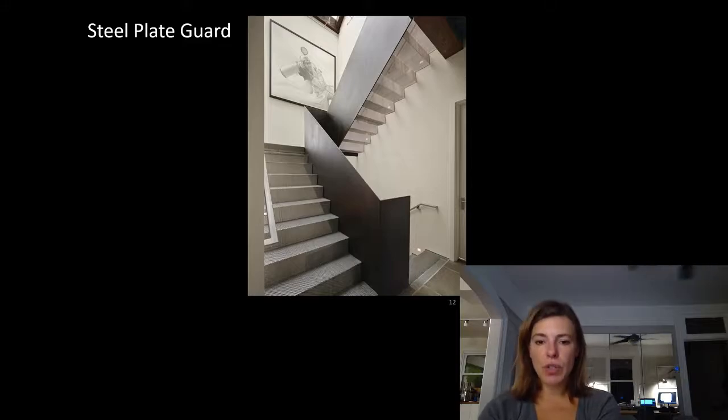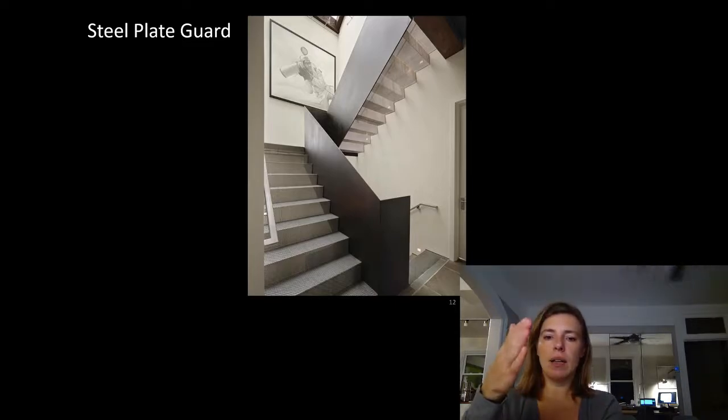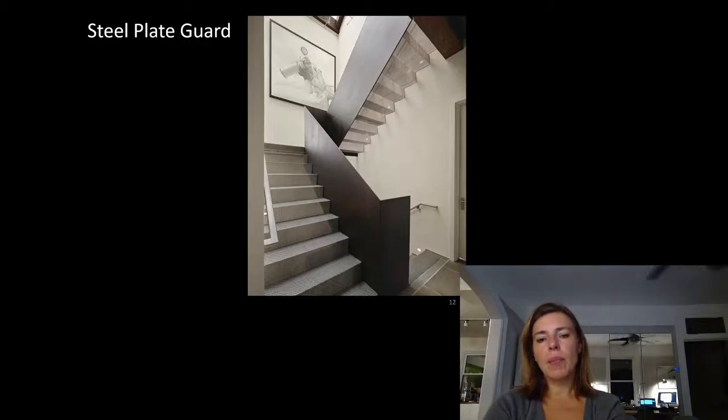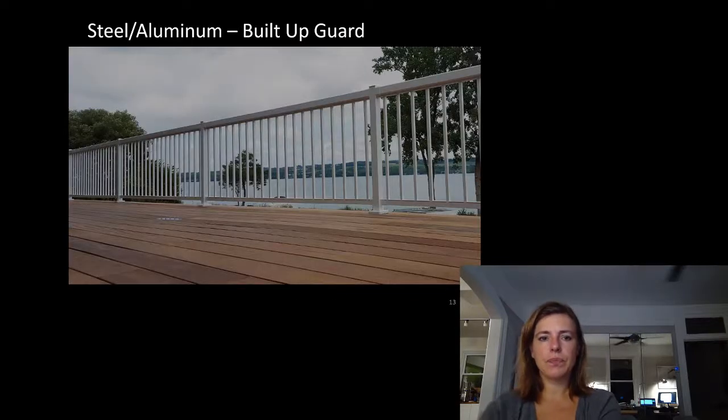You have something more than 2 feet, you're going to need a guard at the top of that. There are some loopholes about building kind of benched seating down off of steps that can get you away from guards. But if it's over 2 feet, the standard practice is that you're going to need a guard there.